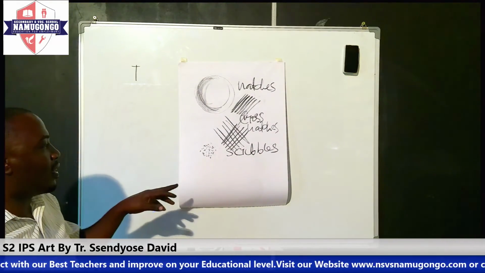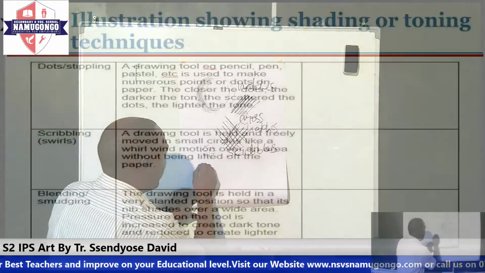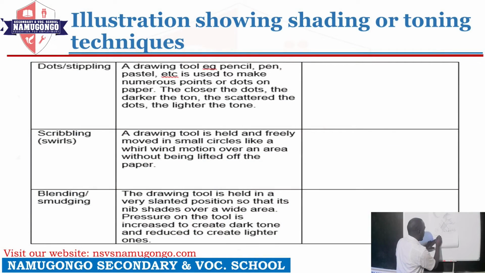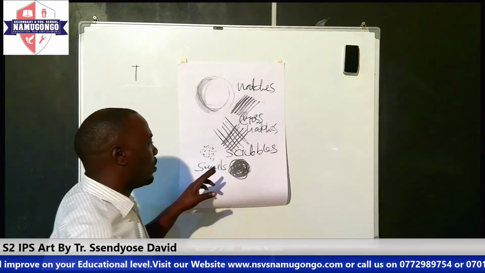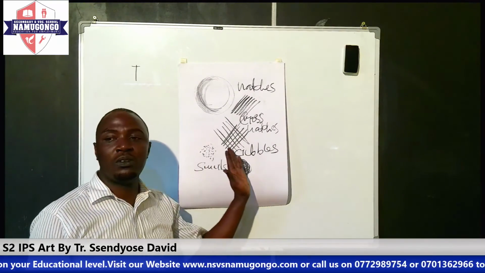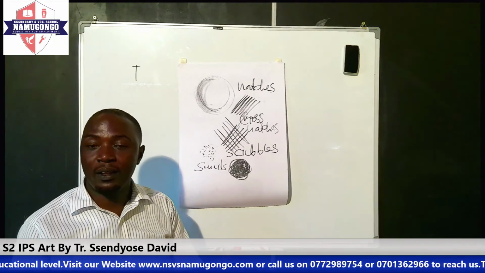Then the second last are the swirls. We can refer to the swirls as doodles. And this is how they are supposed to appear. We are supposed to use these swirls to produce our tone.